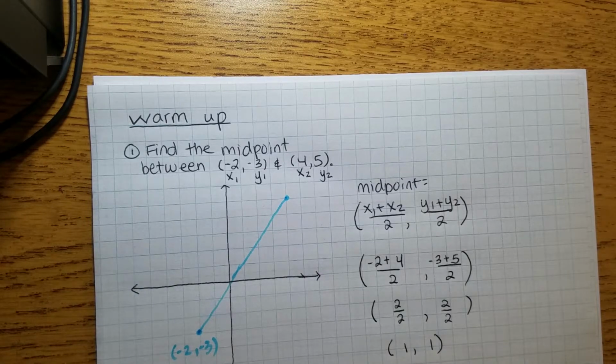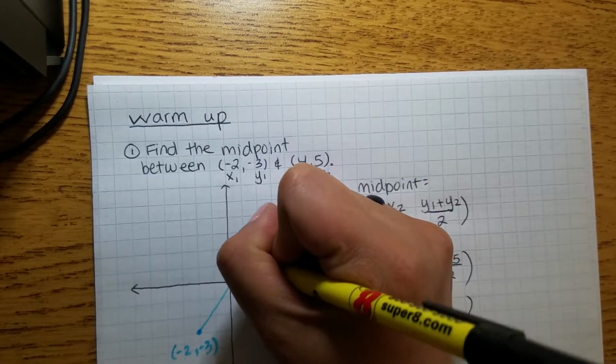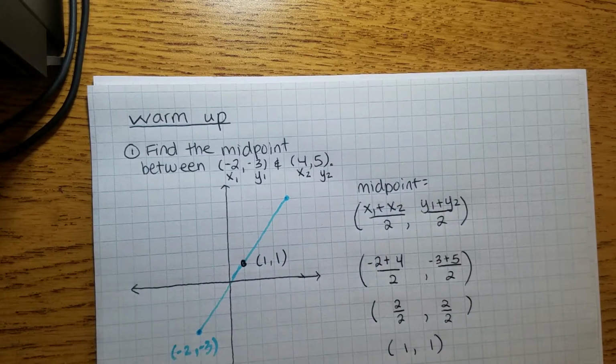Alright, now how do you get to 1, 1? Right 1, up 1. Does this look right? Does that point look like it's in the middle of that line segment? Yes. Okay, then you can check visually that you got it correct.